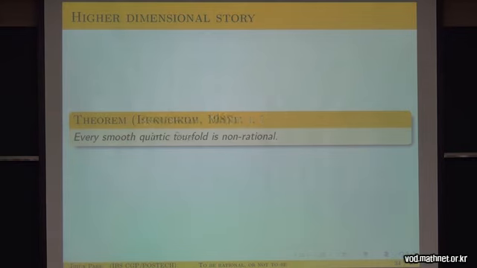And later, in '87, Pukhlikov proved that every smooth quintic fourfold, a hypersurface of degree 5 in P5, is non-rational. Exactly the same method as Iskovskikh-Manin. On a big scale the proof is along the same line, but the details are very different. In '98, Pukhlikov proved that a general hypersurface of degree n in Pn, where general means almost all, is non-rational.